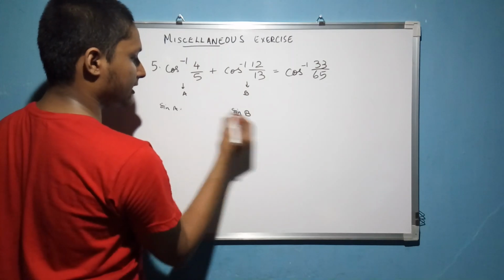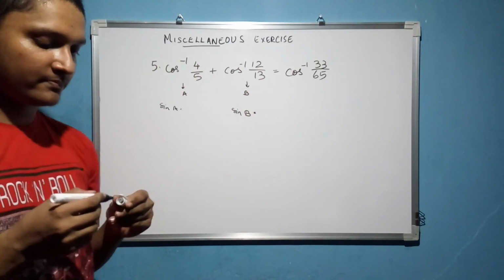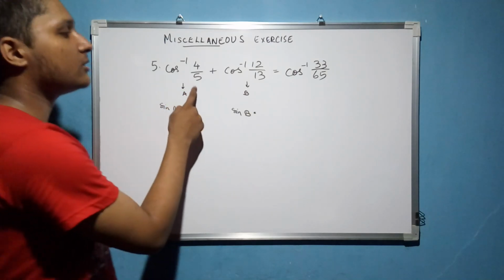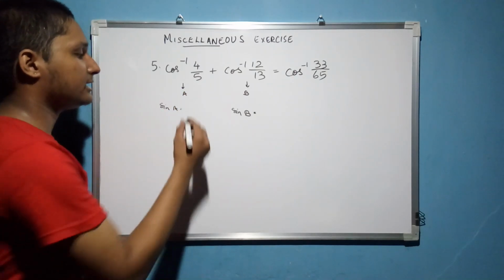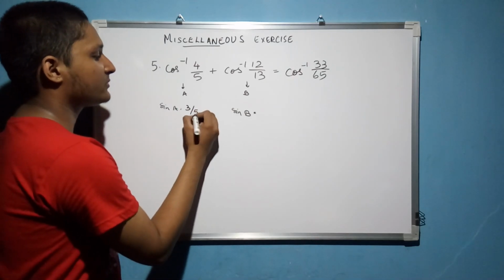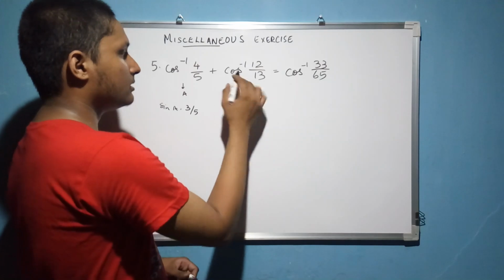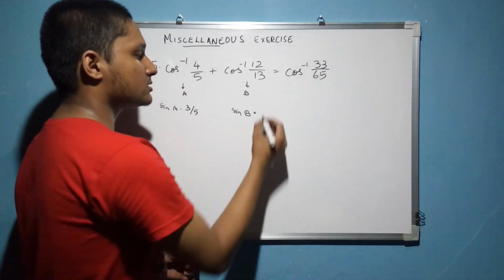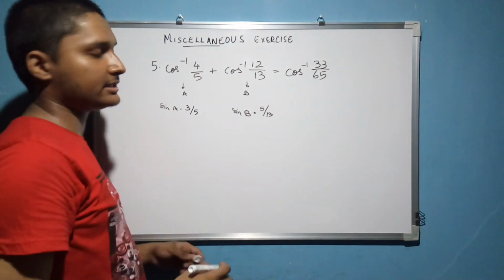Then what is sine A and what is sine B? That is, first of all I need to find out, and then I can apply the cos of A plus B form. So this is a Pythagorean triplet again. So what you're going to get, sine A is 3 by 5. I'm not going to write that again. So by taking the Pythagorean triplet, you'll get sine B is equal to 5 by 13.